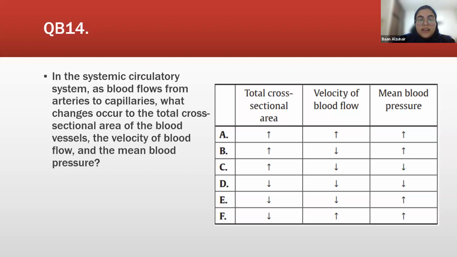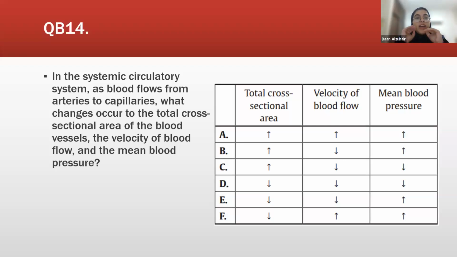Okay, mashallah, you guys are saying C. That is correct. The capillaries are the biggest when it comes to total cross-sectional area. Why? Due to the immense amount of branching. They are very tiny, but they are branchy as hell.